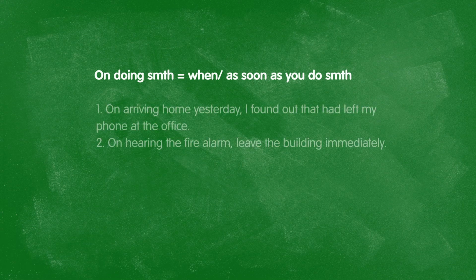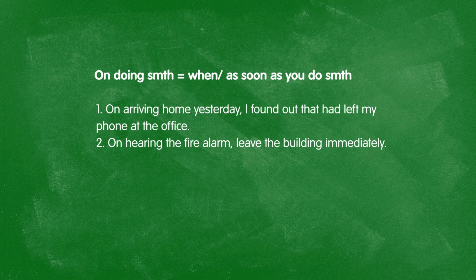Now we also have the phrase on doing something, or on with a gerund, which is used to mean when or as soon as something happens or has happened. Like in the expressions, on arriving home yesterday, I found out that I had left my phone in the office. Here, I find out when I arrive home.